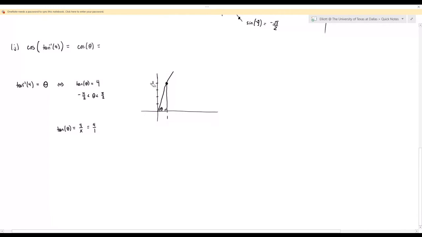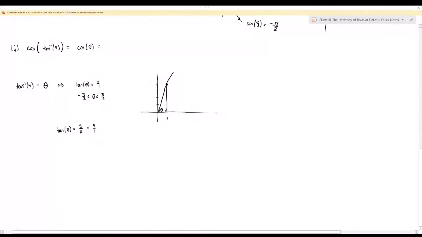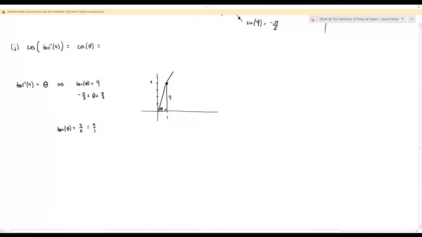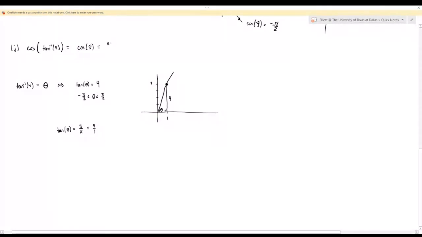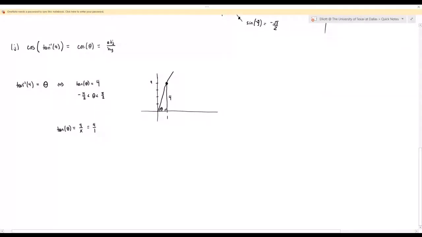To do that, I want to make use of this right triangle that we have. I know that cosine is adjacent over hypotenuse for a right triangle, and in this right triangle, the adjacent side has a length of 1. We don't know the hypotenuse just yet, but we can figure it out using the Pythagorean Theorem.